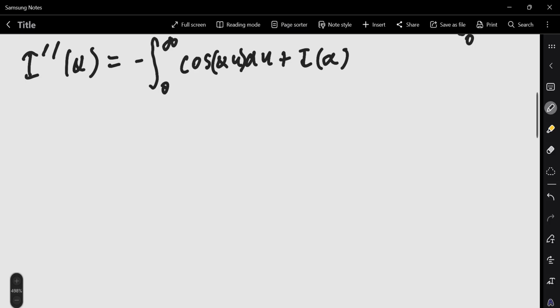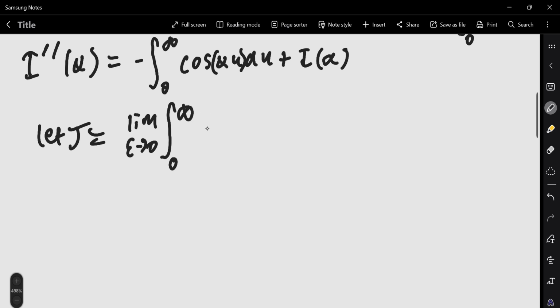Oh, this is the worst explanation on YouTube. So we're gonna say the limit of epsilon going to 0 of the integral of e to the minus epsilon u times e to the i alpha u du.